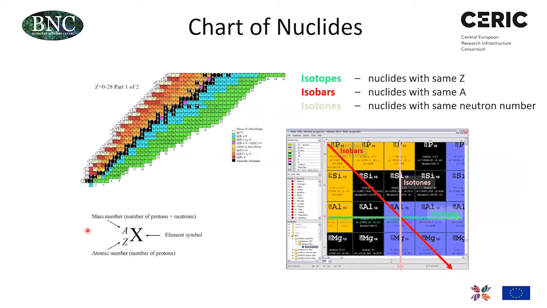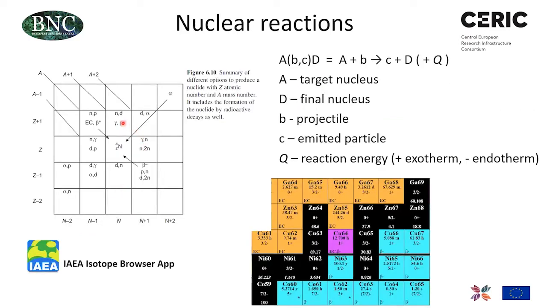In this map, we plot in 2D the number of neutrons against the number of protons, and we can also demonstrate different nuclear reactions on this chess table plot and see how a certain isotope could be produced.